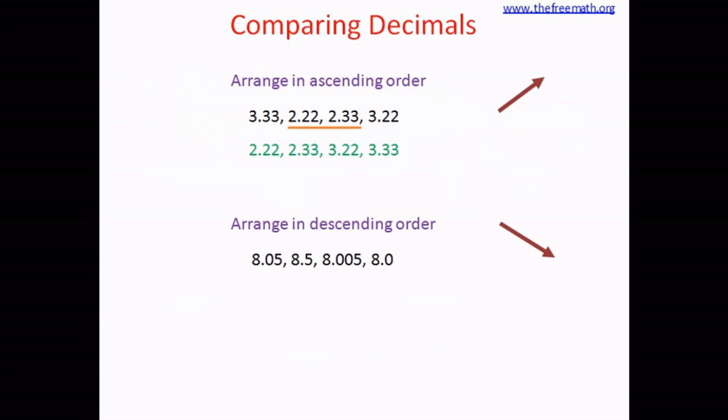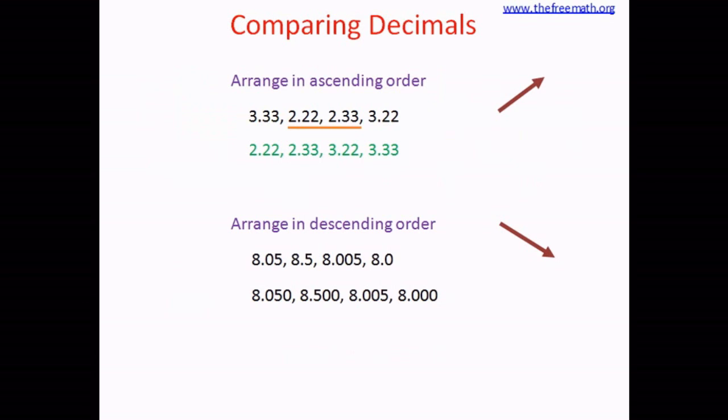So let's add extra zeros at the end so that there are 3 digits after the decimal point for every number. So it would look like this. Now we have 3 places after the decimal point everywhere. Now it looks comparatively easy to arrange in descending order.